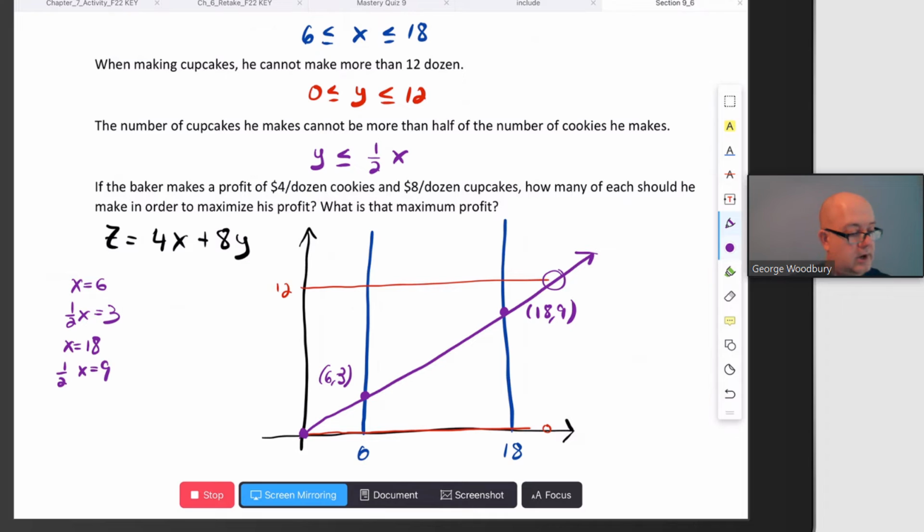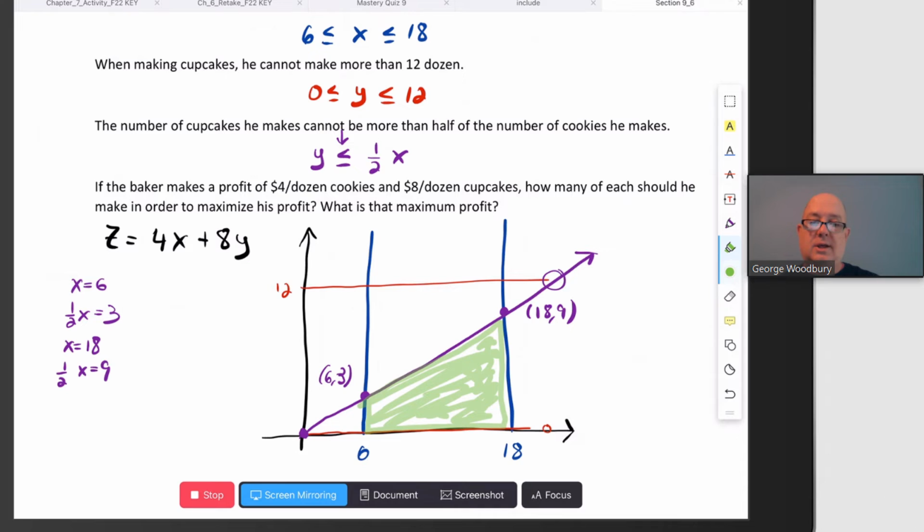Now, we were looking for y to be less than or equal to 1/2 x. So the region we're working with is here inside of the green. We were inside that rectangular area, then the line that went through it, we wanted to be below that.